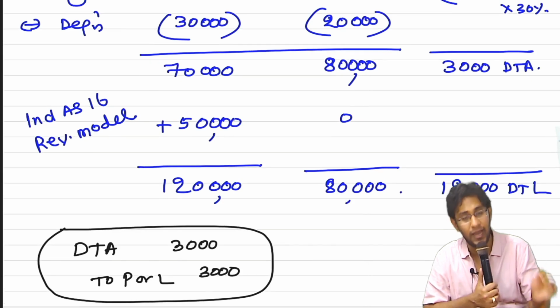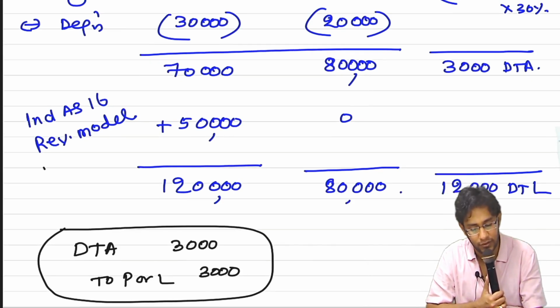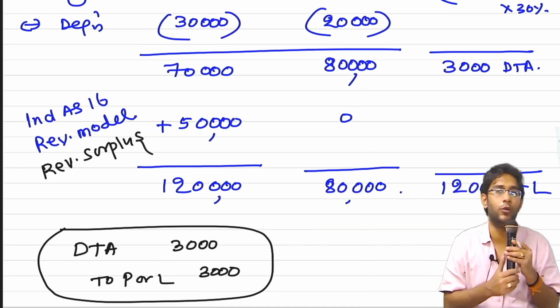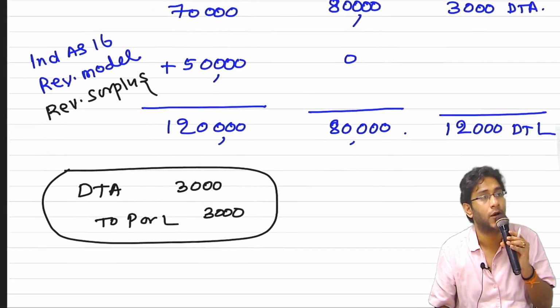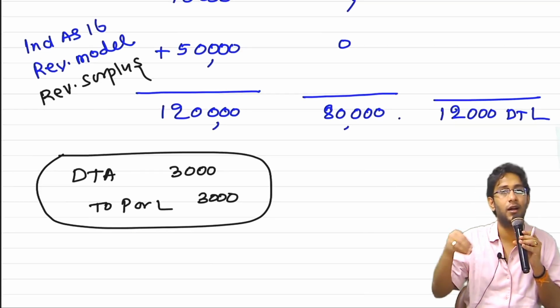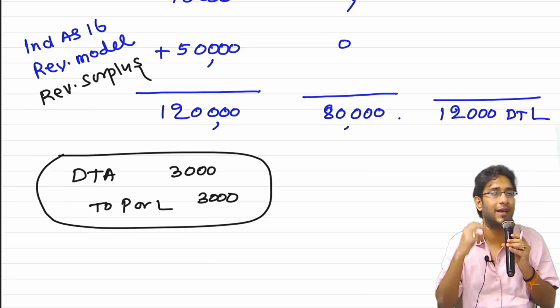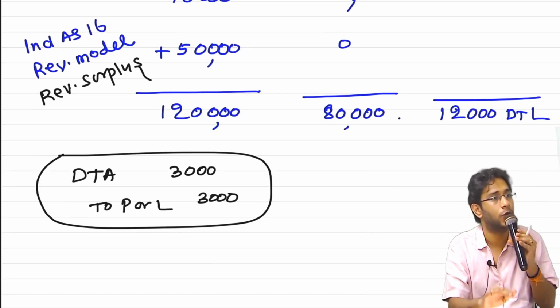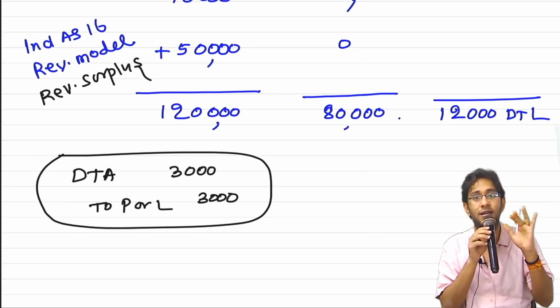Then again a difference came, and this difference came because of revaluation surplus. Ind AS 16 we covered. Revaluation surplus is an OCI item. Since this 50,000 rupees gain is recorded in OCI, the tax consequence of the 50,000 also should be recorded in OCI only. This is a DTL case.